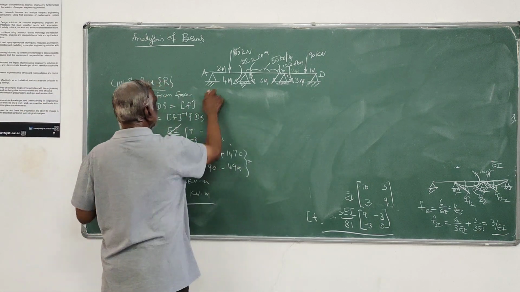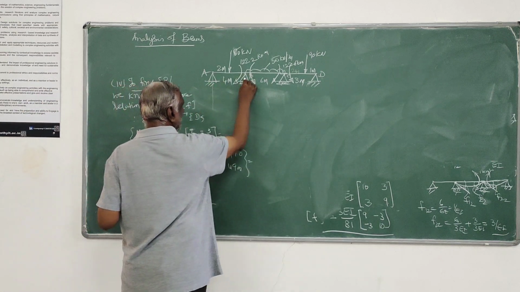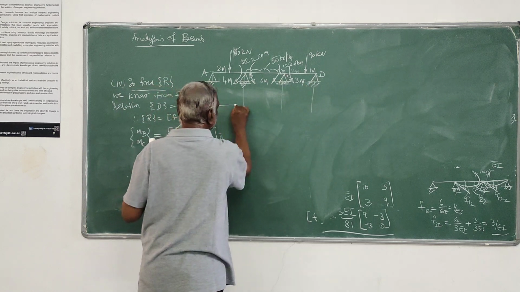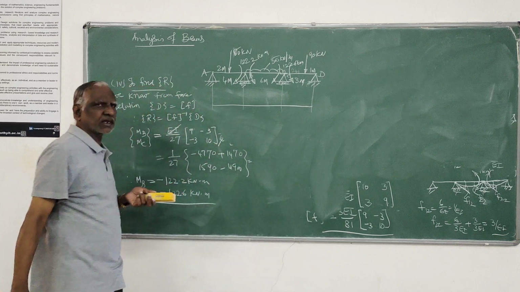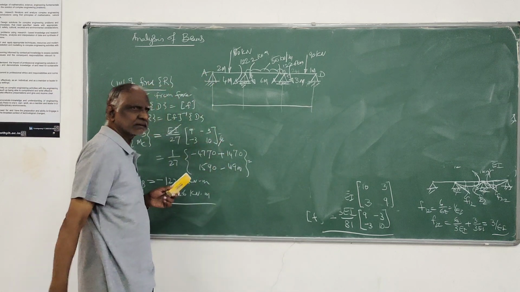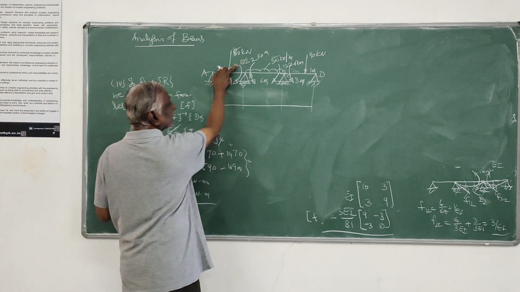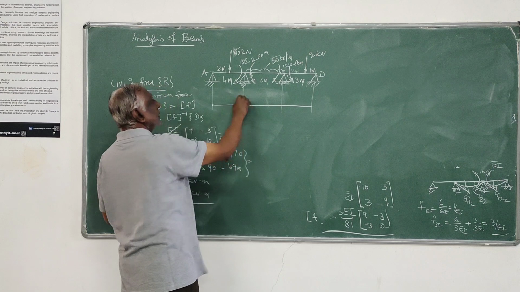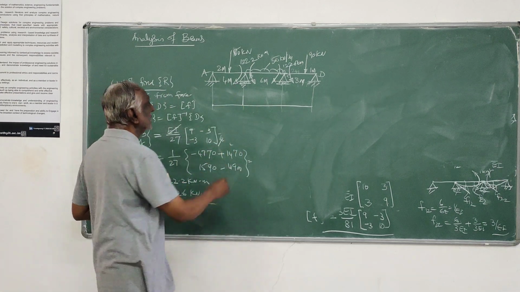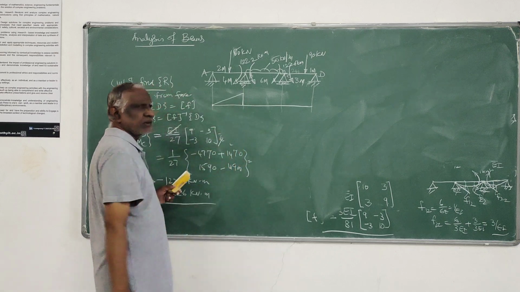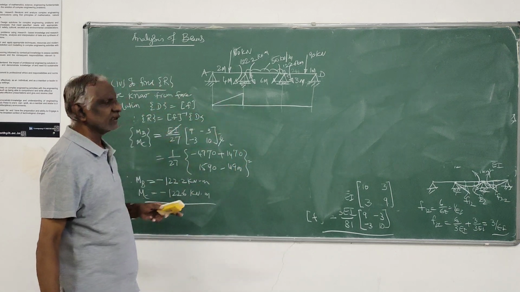So now I will plot the bending moment diagram straight away. You take a horizontal line here. Here it is simply supported, 0 moment. Here I am getting tension, the tension side is here, so I have to plot it there. 122.2. So join this and this. This is the fixed moment diagram in AB.